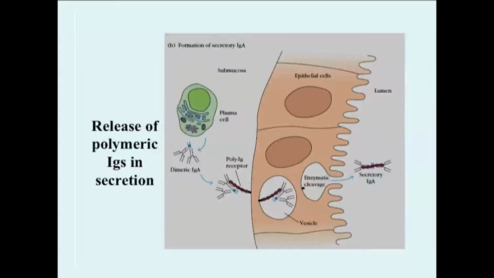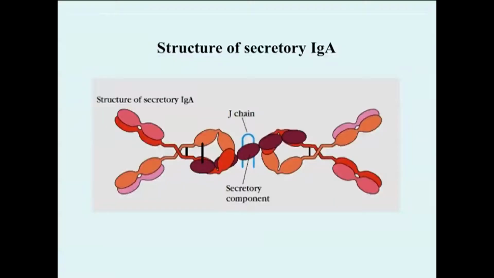Now, the enzymes present in our digestive tract or other tracts will cleave the molecule. So, now the poly-Ig receptor remains bound to the secreted immunoglobulin and it is called a secretory component. It looks like this, and the presence of the secretory component covers the protease susceptible area so that the immunoglobulin remains for long in our secretions.